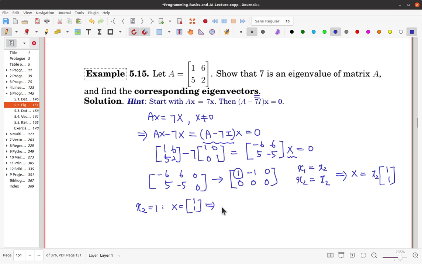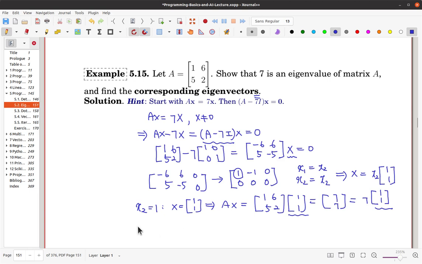Now A times x, where A is 1, 6, 5, 2 and x is 1 and 1, is 1 plus 6, 5 plus 2, that is 7 and 7. That can be written as 7 times 1 and 1. So Ax equals 7x. So 1, 1 is an eigenvector, and the corresponding eigenvalue is 7.